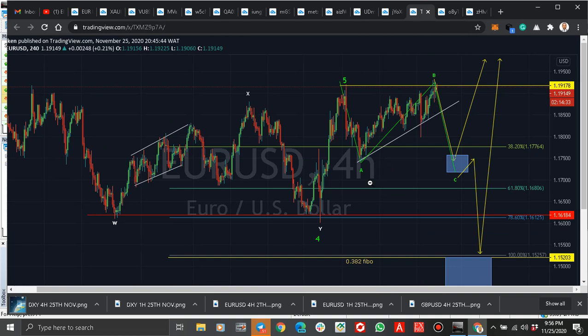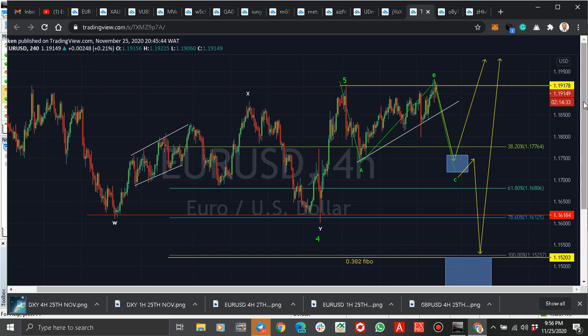EURUSD. I don't see any reason to buy EURUSD now. If the whole world is buying EURUSD, I will be watching them. I can only look for sell. I strongly believe we're supposed to have a drop at least to this very level. So my first scenario is a drop to this level.